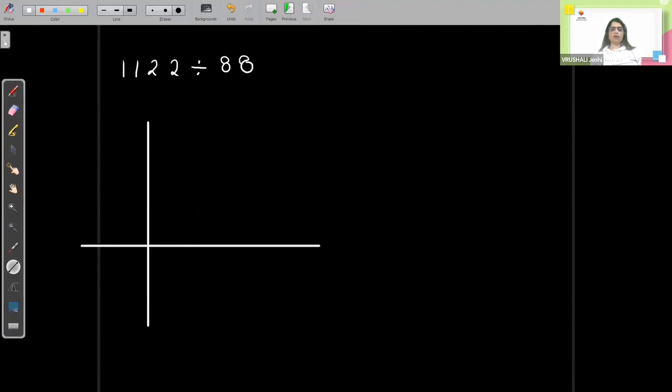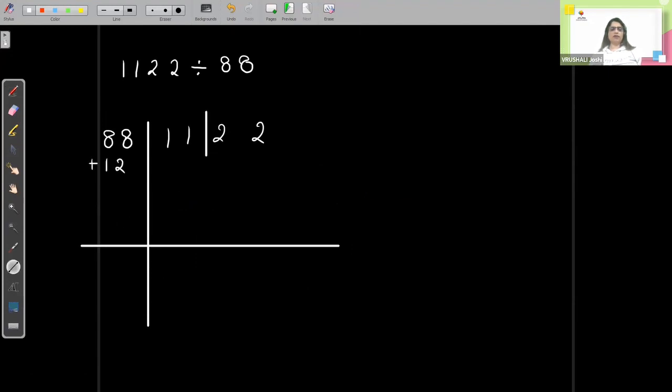Okay. Now, let's do one more sum. Let's say it's going to be 1122, and we want to divide this number by 88. So it's 1122 divided by 88. Now you know base is equal to 100. So this will be plus 12, correct?